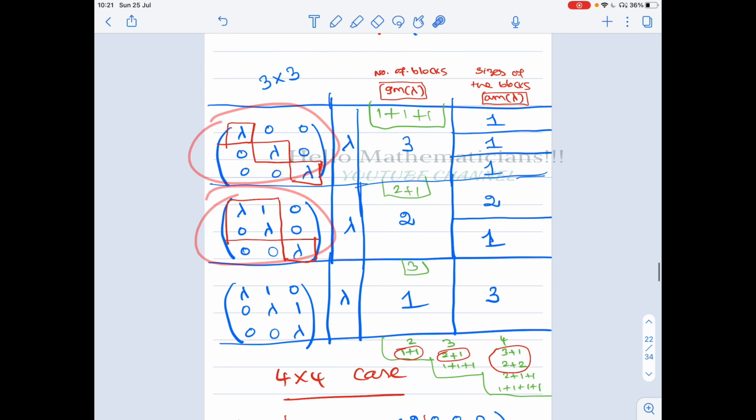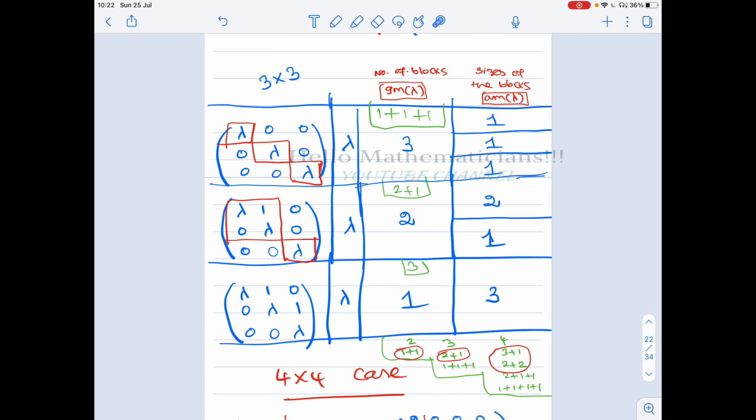Now, these are the only three, and all these three matrices are determined by the algebraic multiplicity and the geometric multiplicity. Let's see why. Suppose I am telling you that there is a 3 by 3 matrix whose algebraic multiplicity is 3 and geometric multiplicity is 2. Then that matrix has to be this matrix.